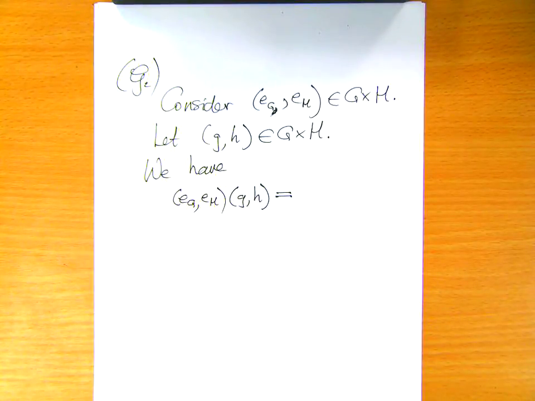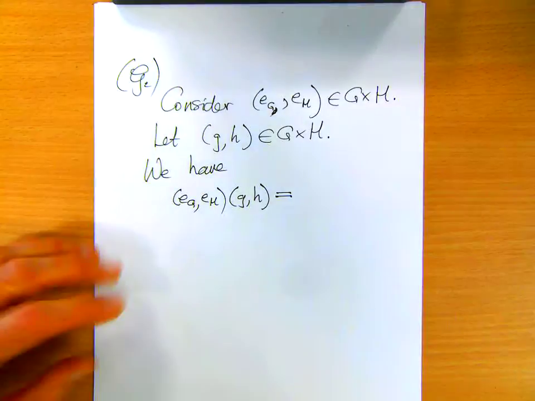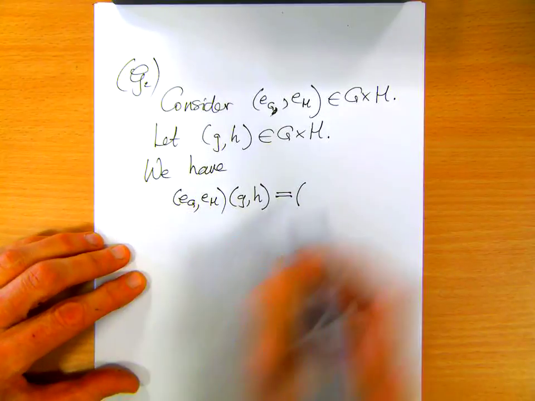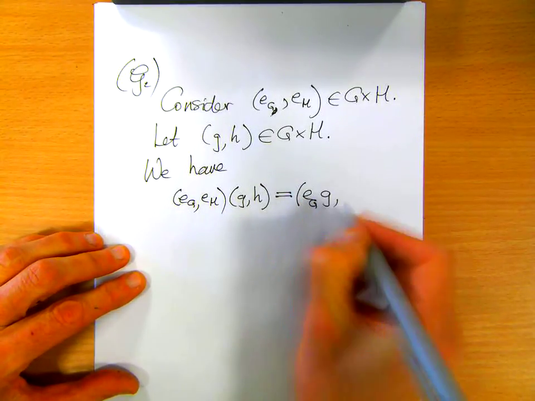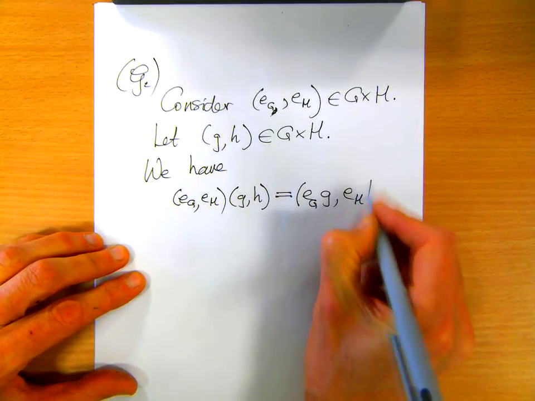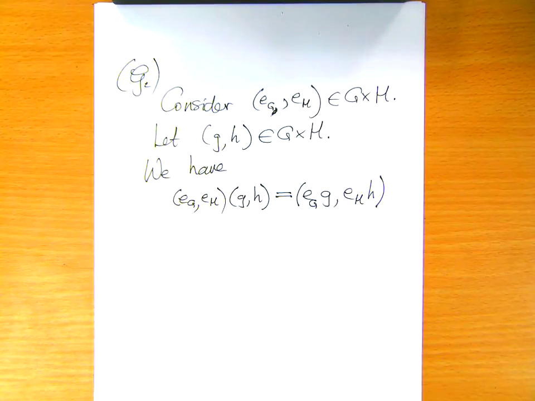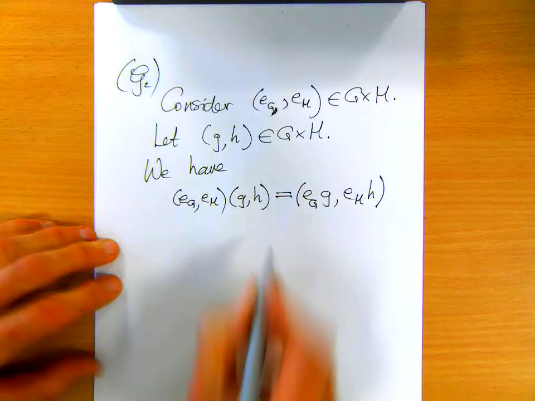I want to show this is equal to (g, h). And you can see what's going to happen, I hope. I'll do this fairly quickly. We get e_G times g and e_H times h. That's by definition of the binary operation, which I'm not writing down, but I am saying.